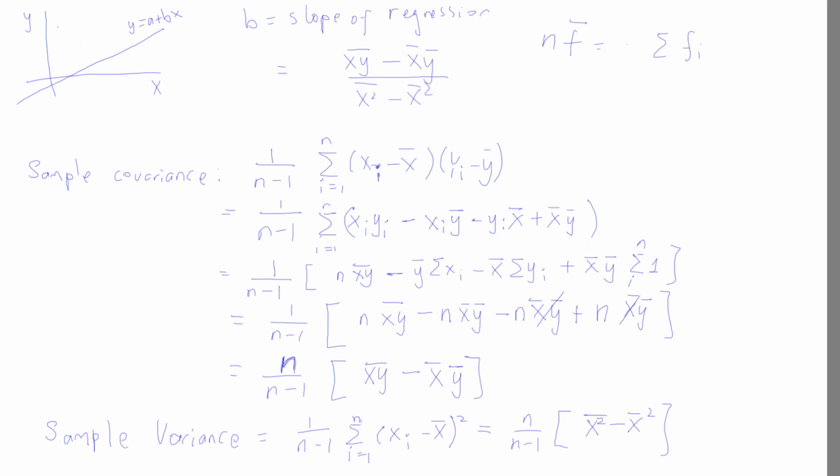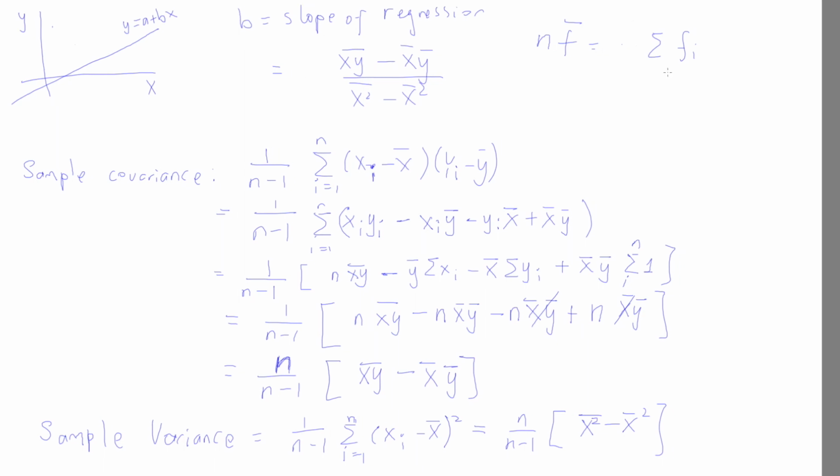Okay, so why is that interesting? Well, let me just write it up here. I'll use red. Okay, so this thing, it doesn't matter if I multiply by n over n minus 1 in the numerator and the denominator, because they cancel out.